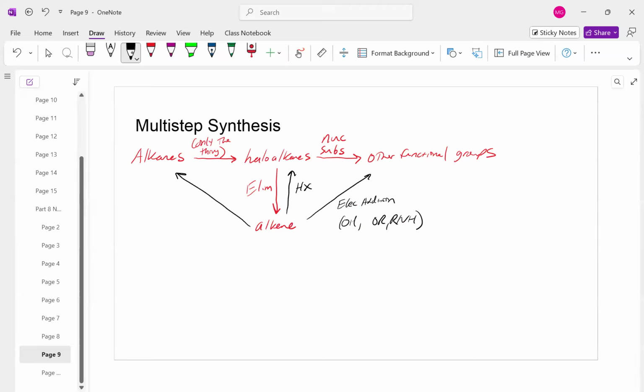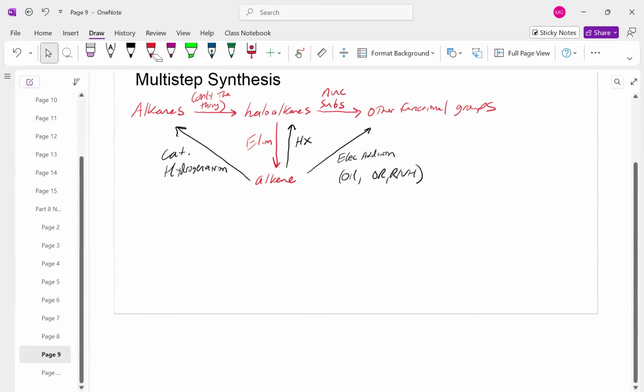And we also could go back to an alkane by doing a catalytic hydrogenation. So there are a variety of things that we can do and a variety of different pathways that we can take. So let's look at a couple examples.